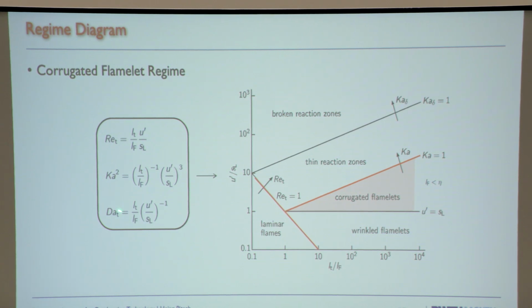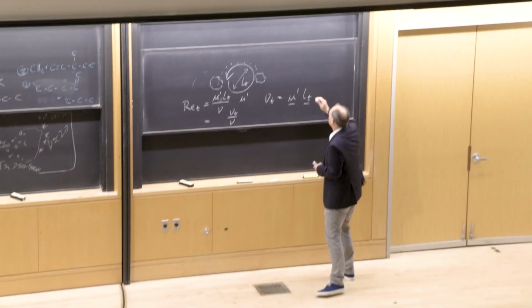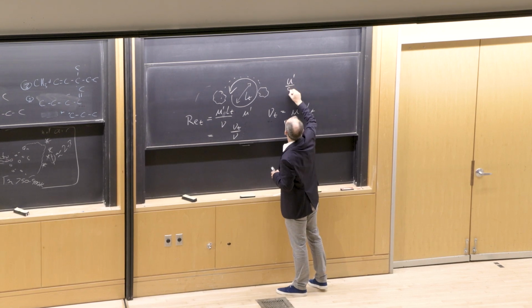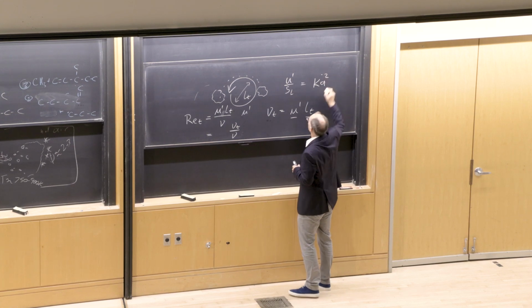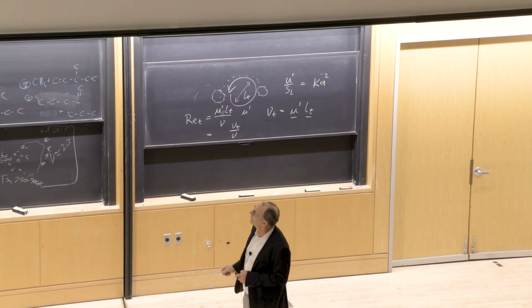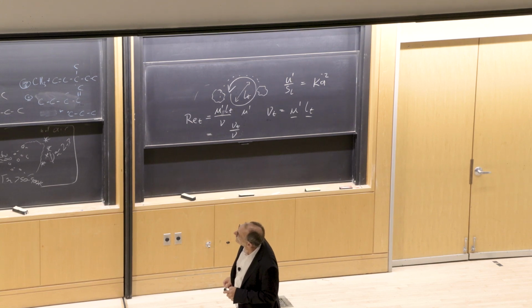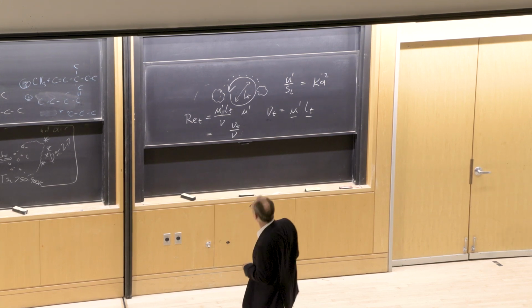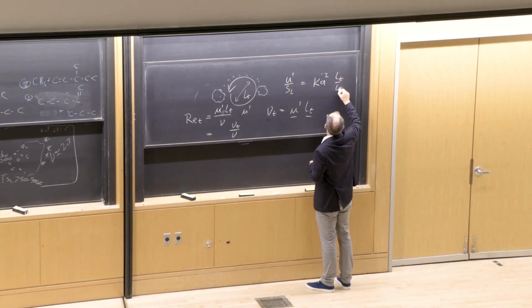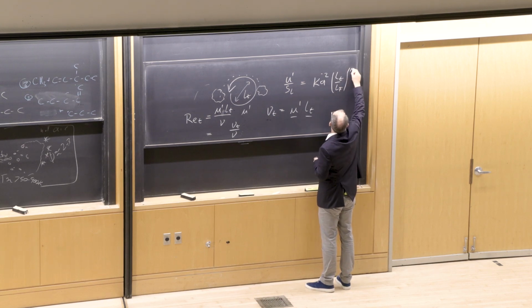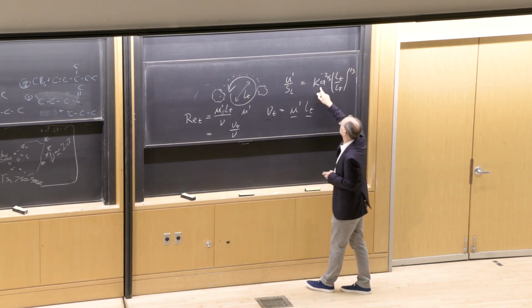And then we have the Karlowitz number. For the Karlowitz number, we have U prime over SL equal to the Karlowitz number squared times LT over LF to the 1/3, and here also 1/3, but this here is just a constant.